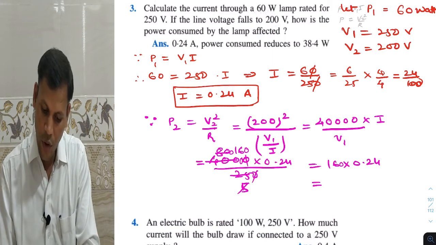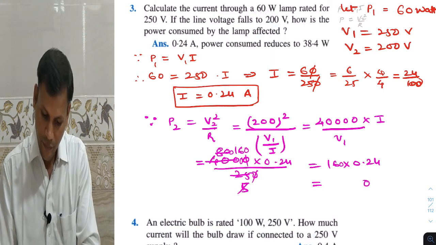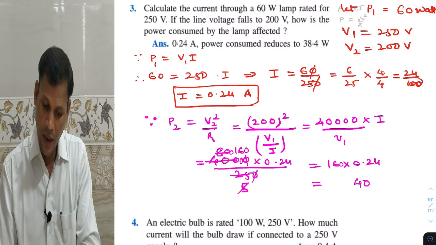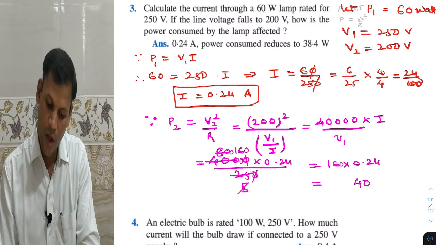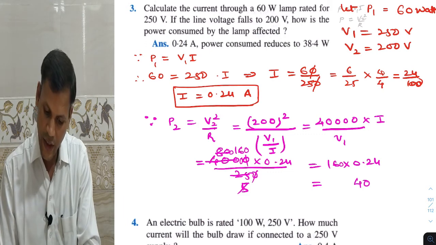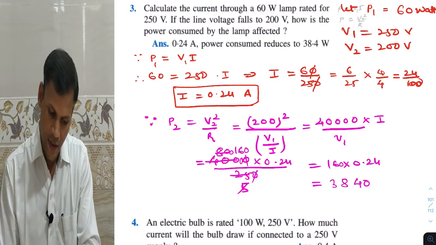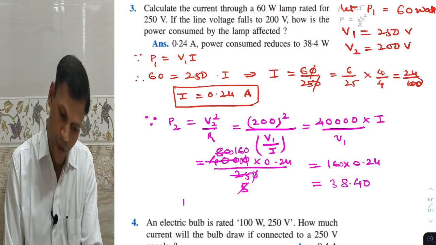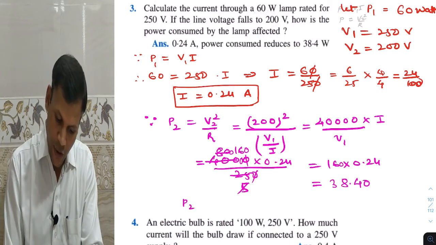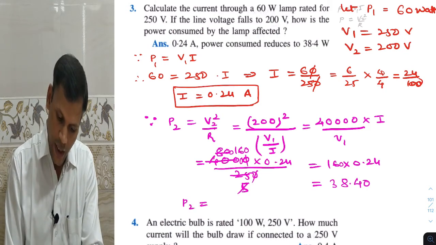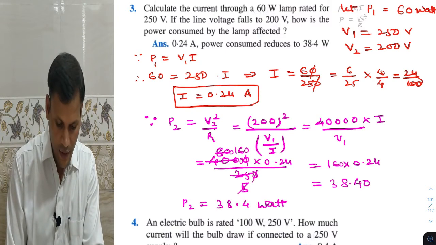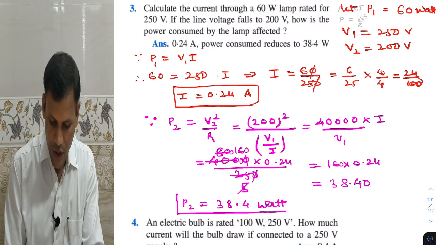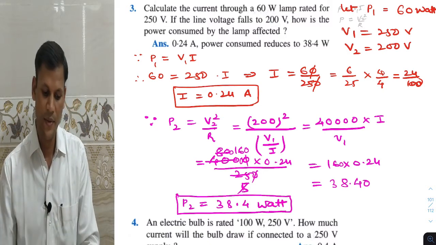So it will be 16 4s are 64, 16 4s are 64 and 16 2s are 32 and 6 38 and decimal at 2 places. So we are getting the power consumed reduces to 38.4 watt. This is very good sum actually. That's the answer we get.